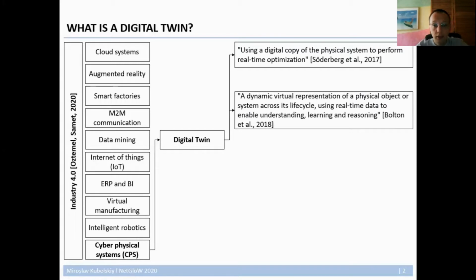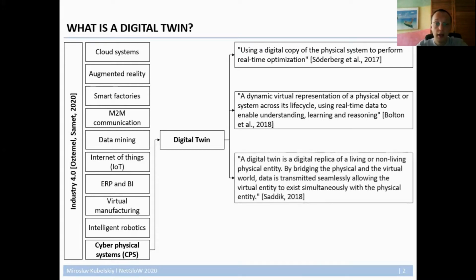Another definition of digital twin is a dynamic visual representation of a physical object or system across its life cycle using real-time data to enable understanding, learning, and reasoning. Another definition: a digital twin is a digital replica of a living or non-living physical entity.